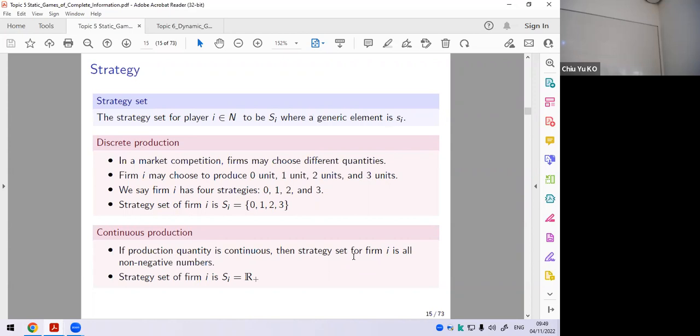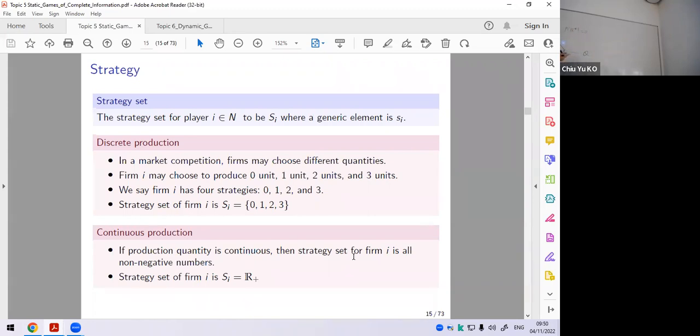The reason, as we'll argue later, is that the demand function is downward sloping, so there's a maximum quantity you can produce for the price to be meaningful. Usually this is P, this is Q, and as you go down, at the end there is a Q star or Q max, such that P of Q star is 0.